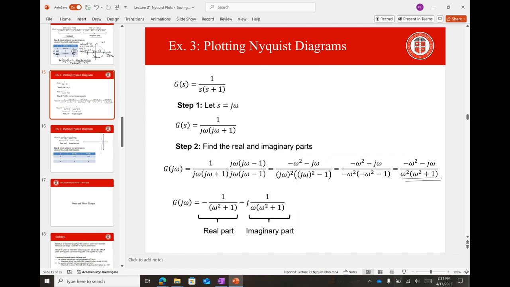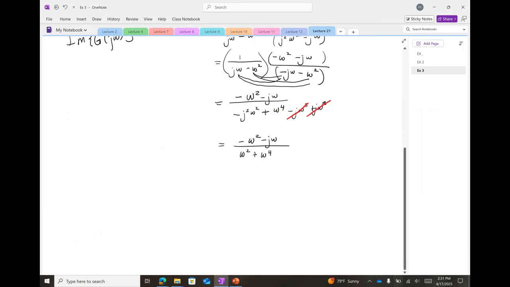Right, so this is what we should get here. Okay, so our real part is this guy: minus omega squared divided by omega squared plus omega to the 4th. And we can simplify this.